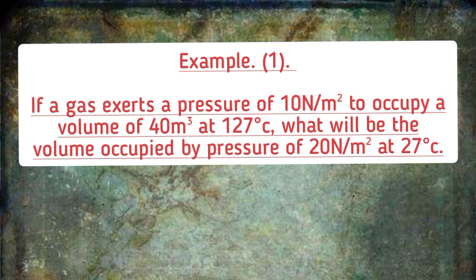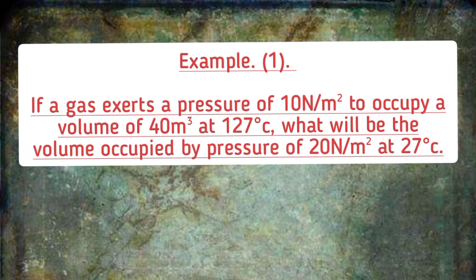In our previous video, I told you that before you can calculate a problem on any gas laws or gas equation, the first thing you have to do is convert degree centigrade into Kelvin. To convert it into Kelvin, you add 273 to the value of the degree centigrade.